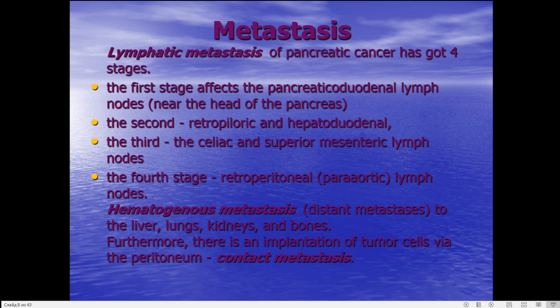Hematogenous metastasis, or distant metastasis, to other organs: to the liver, lungs, kidneys, and bones. Furthermore, there is an implantation of tumor cells via the peritoneum, or contact metastasis.